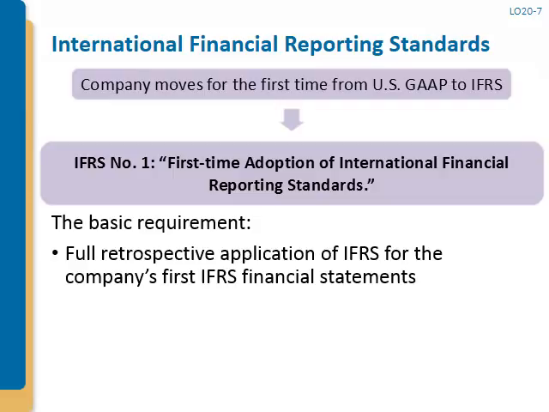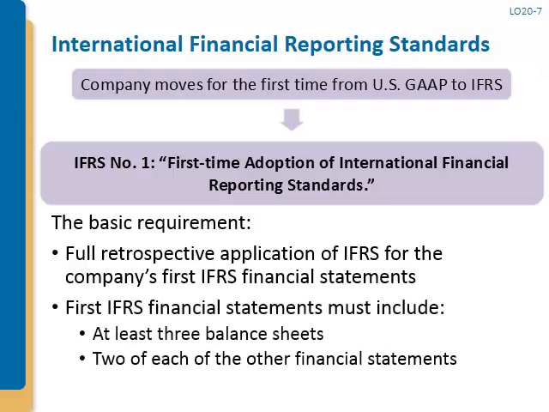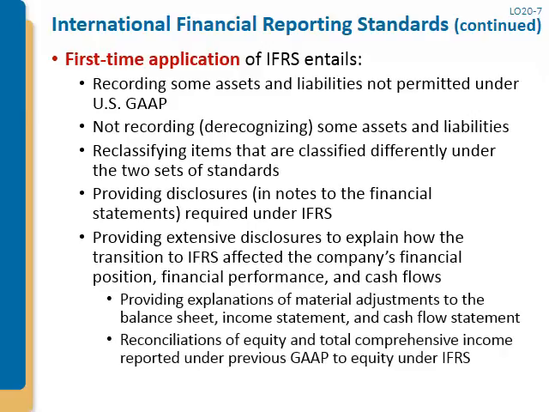A company's first IFRS financial statements must include at least 3 balance sheets and 2 of each of the other financial statements. For instance, if the company's first IFRS reporting period is for the year ending December 31, 2018, the first balance sheet would be the opening balance sheet of 2017, which is the ending balance sheet of 2016.